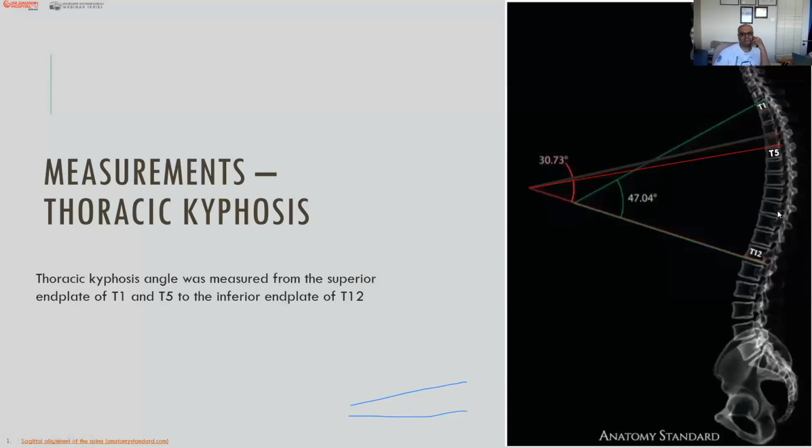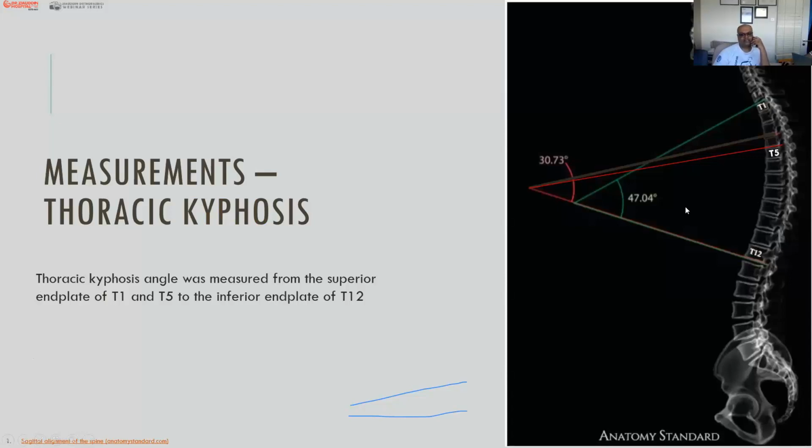Thoracic kyphosis can be measured from T5 to T12, which is roughly 30 degrees, or from the T1 superior end plate to T12. These are Cobb's angles.